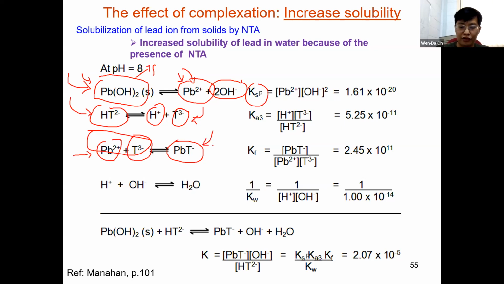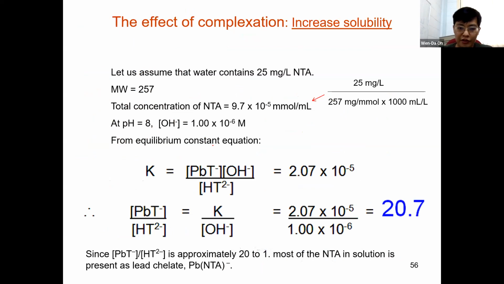So this is concerning because if you calculate based on the KSP value and the Ka value, you can find out that the ratio between PbT-, this complex, and the HT2- is 20.7. That means in the water itself, if you have this excessive HT2-, you will see that most of this will actually exist as lead complex. So you can actually increase the solubility of the lead in the water through this means.